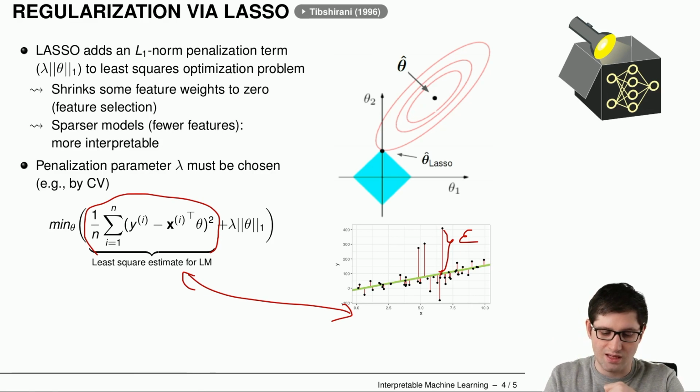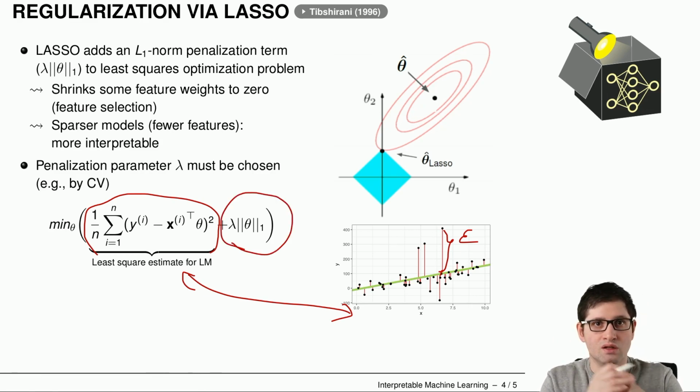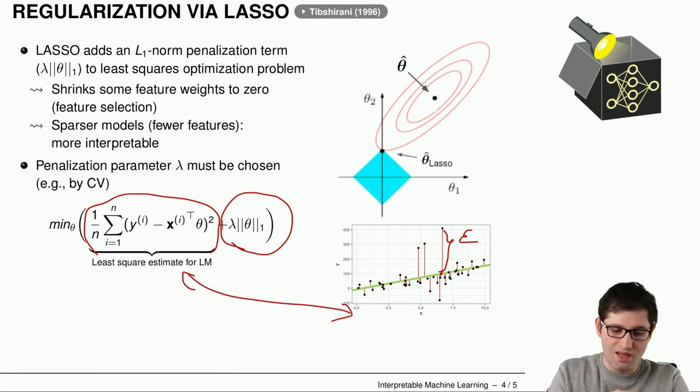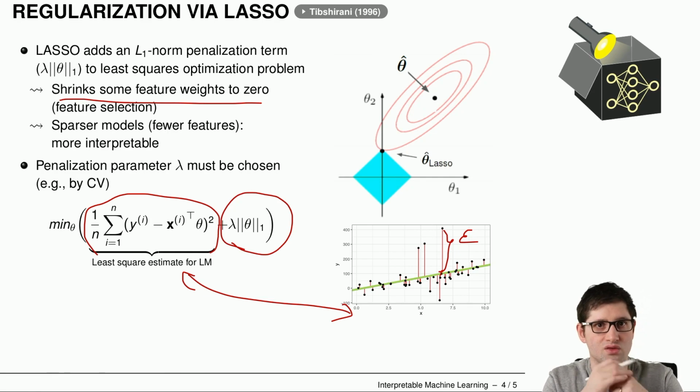In the LASSO this is extended by adding a penalization term, which has the effect of shrinking some of the feature weights to zero. And pushing feature weights towards zero is equivalent to feature selection, because then the feature doesn't occur anymore in our linear combination.